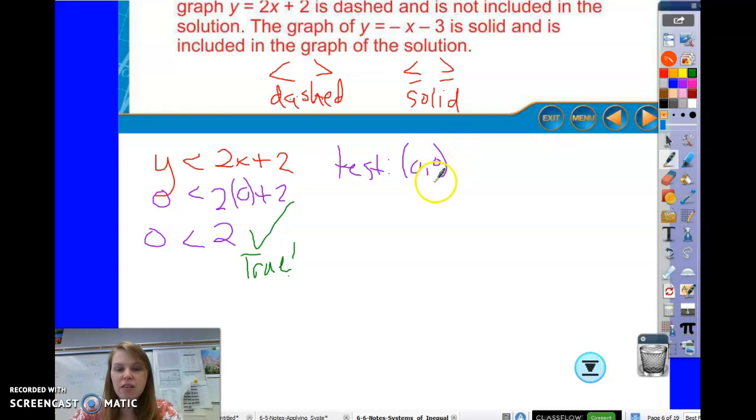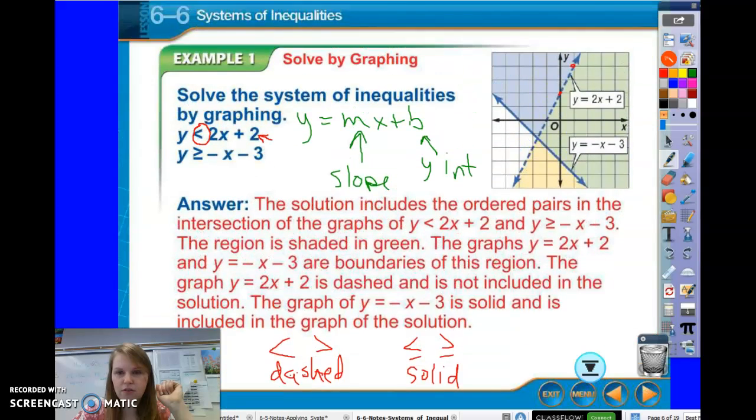So we need to shade the side of the graph that 0, 0 falls in. Let's go back to our graph. This was our dashed line. We're supposed to shade 0, 0 as part of our solution. That means they used yellow-ish. So they're saying all of this is part of our solution, that whole side of the graph.